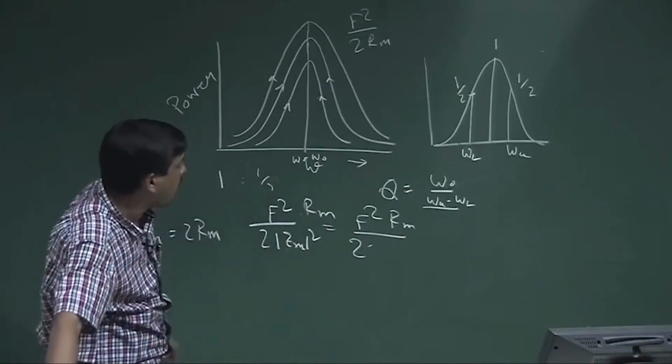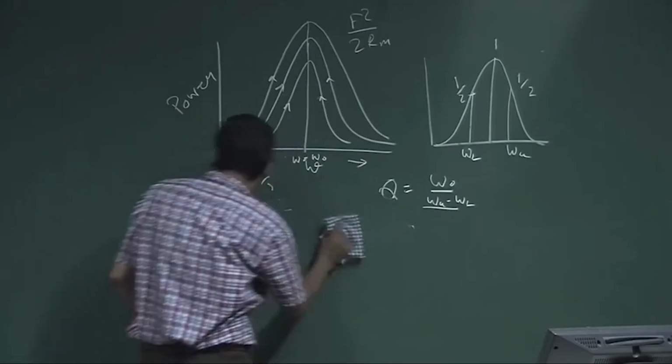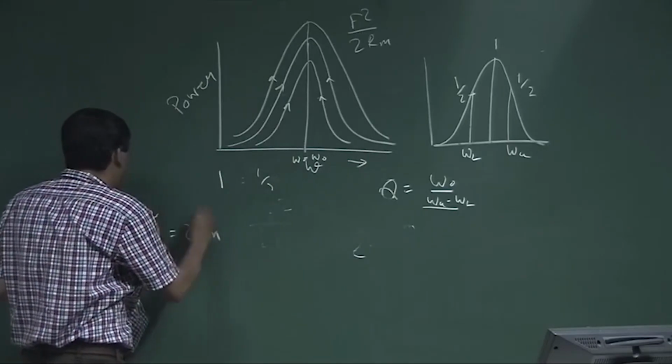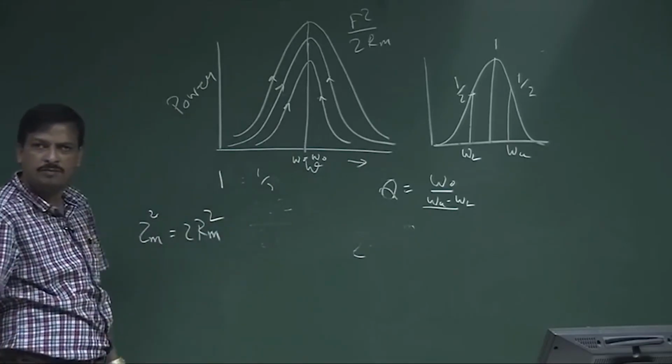If it is half power, then Zm squared will be 2 Rm squared.